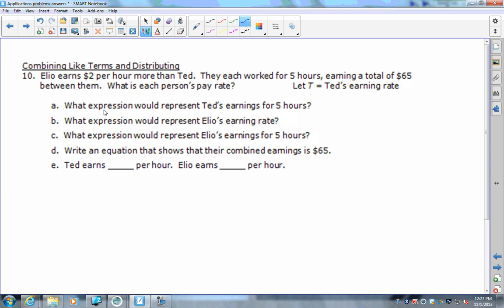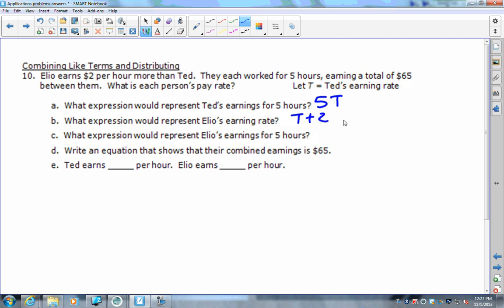What I do know is that my expression for Ted's earning is 5 hours times Ted's earning rate. Letter B says what expression represents Elio's earning rate. Ted earns T per hour. Elio gets $2 more, so you take Ted's plus 2.